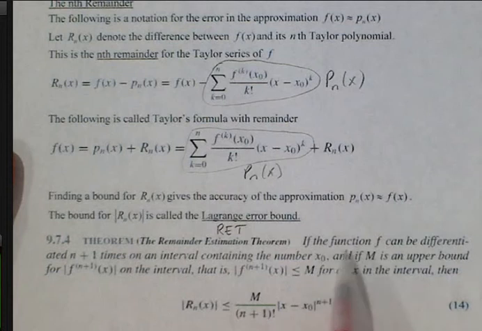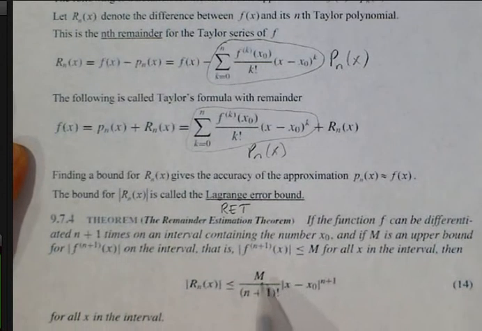It states that if the function f can be differentiated n plus 1 times, so you have to go one derivative beyond what you are looking at, on an interval containing the number x sub 0, and if capital M is an upper bound for the absolute value of the f of n plus 1 derivative of x on the interval, that is, the absolute value of f^(n+1) of x is less than or equal to capital M for all x in the interval, then the absolute value of the remainder is less than or equal to the maximum number M divided by n plus 1 factorial times the absolute value of x minus x sub 0 raised to the n plus 1.